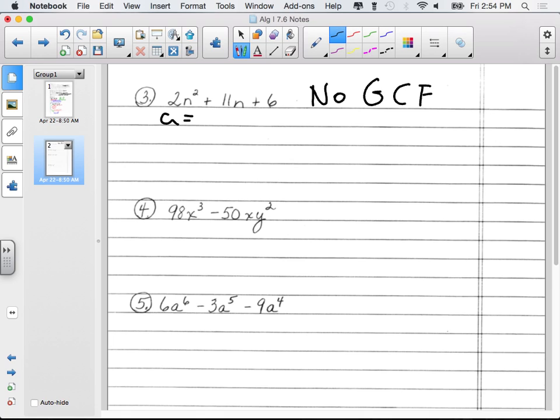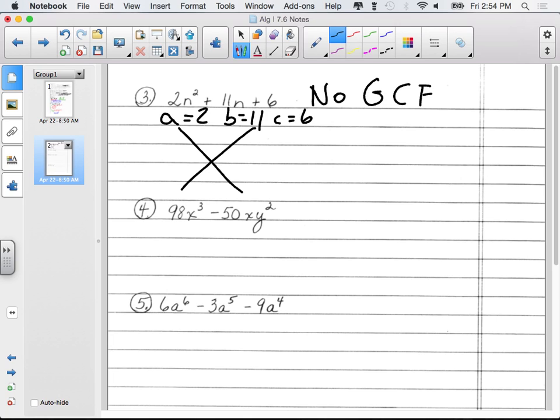So trinomials, we always find our A, B, and C. A is 2, B is 11, C is 6. So get your diamond all set up.